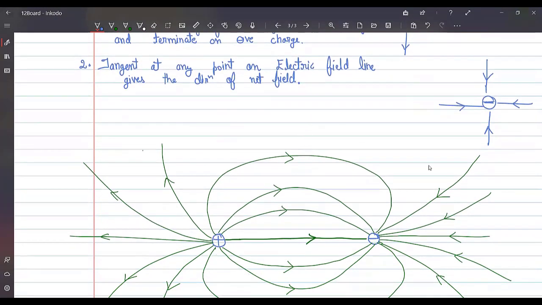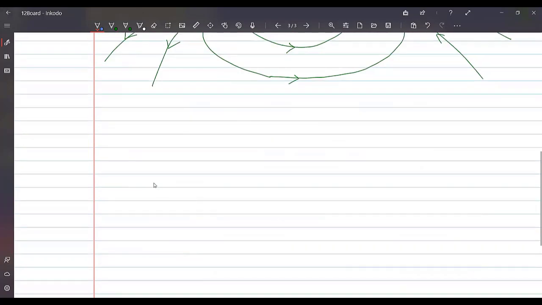Now see, if it is giving the direction of net field, then two electric field lines can never intersect each other. Suppose there are two electric field lines intersecting each other, and you put a charge here. That means it will have two directions of forces, which is not possible because we have already defined that electric field is the direction of net electric field.